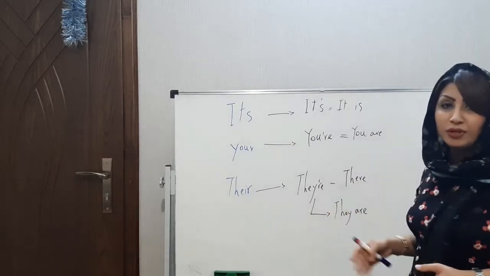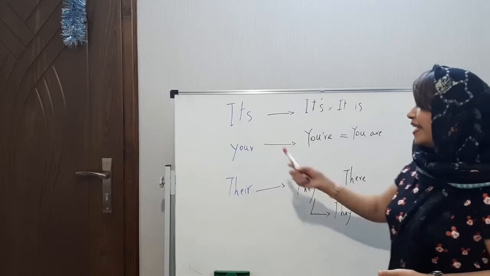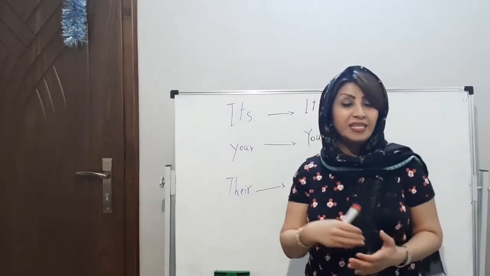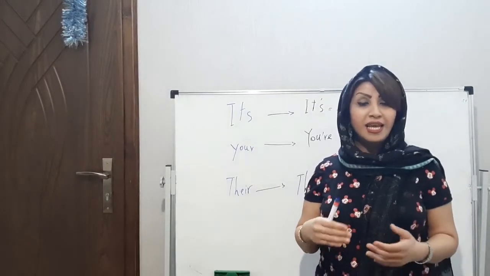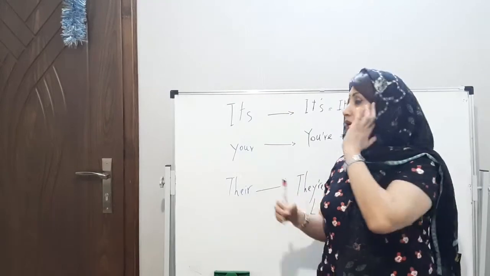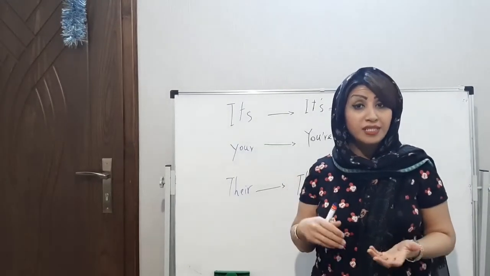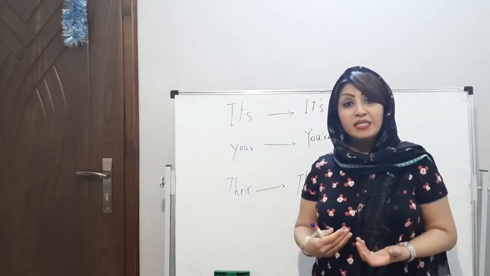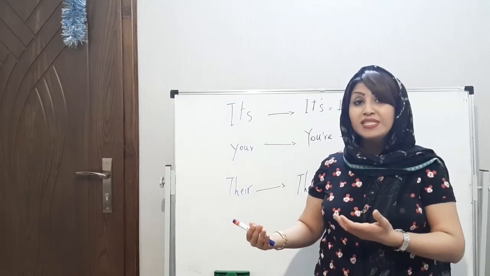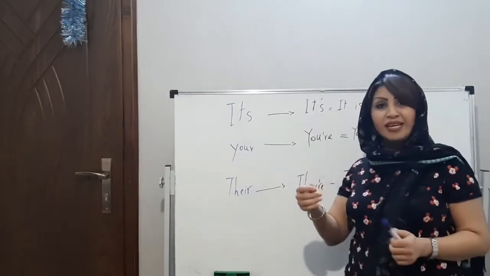When we say its as a possessive adjective, we have to use a noun after it. For example, its name, its food. I told you its tail, and you know that the dog has a tail.